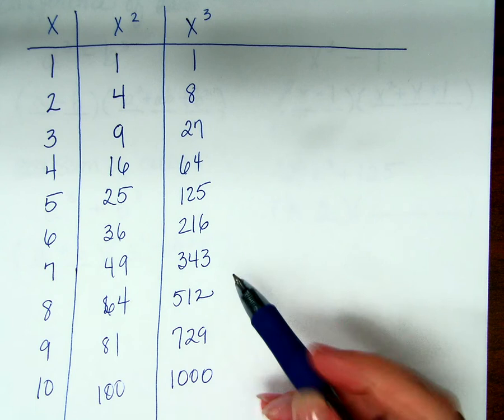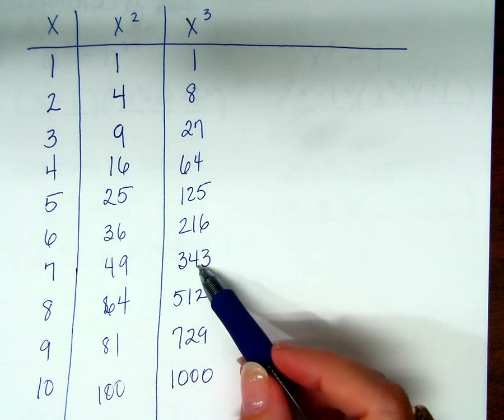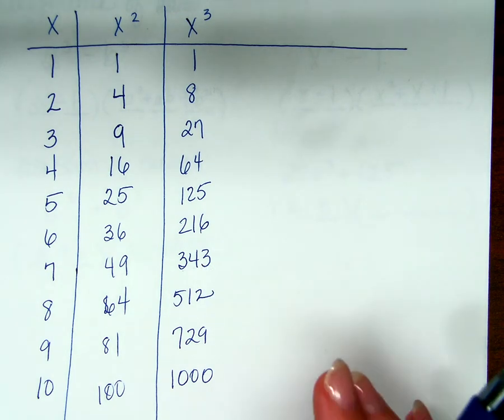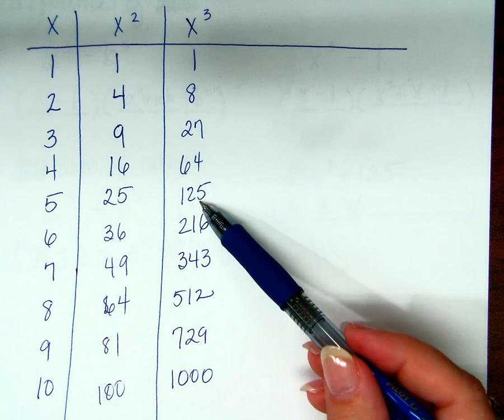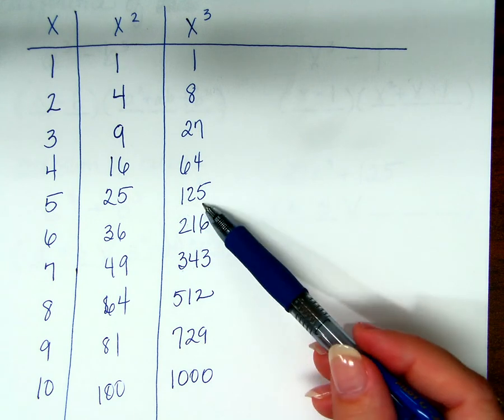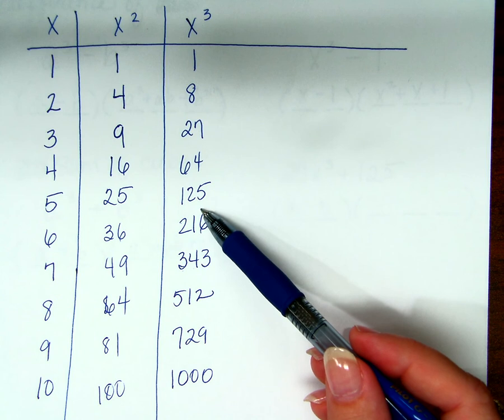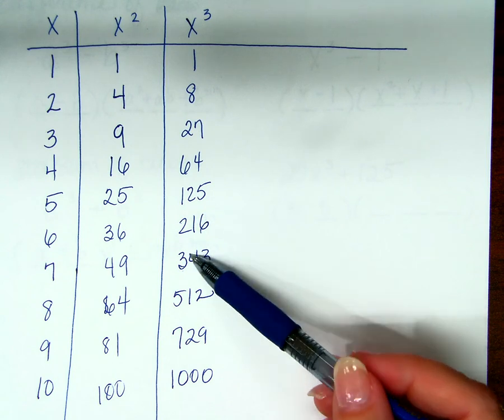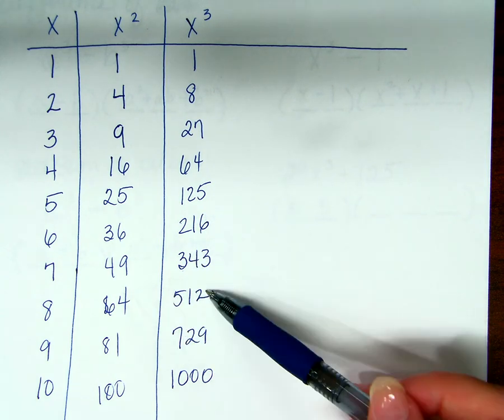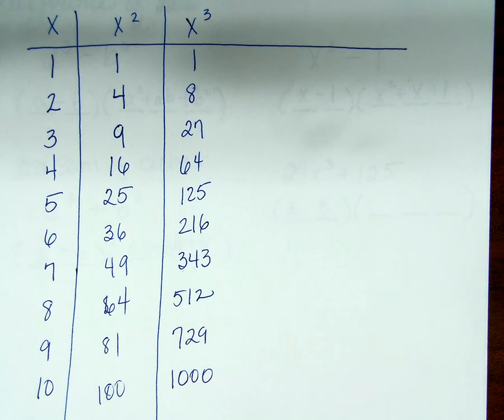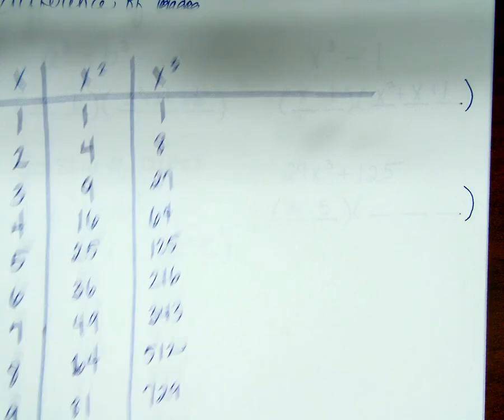No. But I want you to recognize that, ooh, that's something. So when you see 125, you know that's something. That's what I would like you to be able to do. I'd like you to recognize these numbers as either squares or cubes, and you may not know what they are off the top of your head, but you recognize them as either a square or a cube and can go figure it out from there. Does that make sense? Okay.